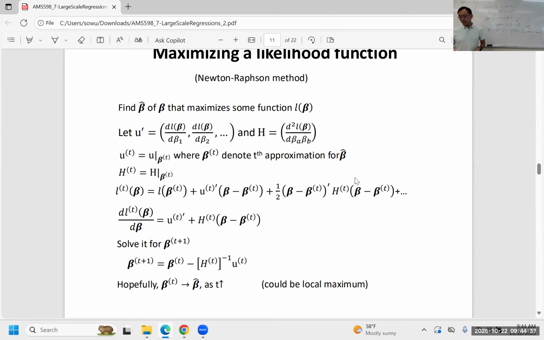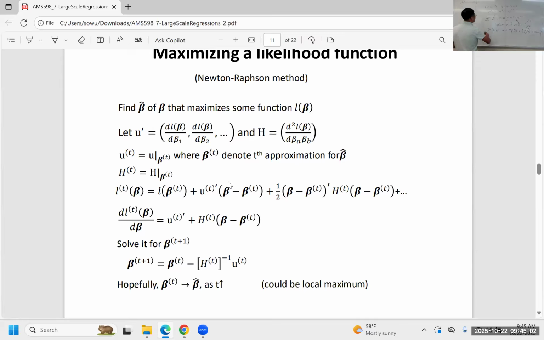So I will give some introduction to optimization next week. If you are not that clear about the details here, you can wait a little bit. I think this slide itself is clear enough, but in case you have questions about details, you can wait for next week for some clarification.